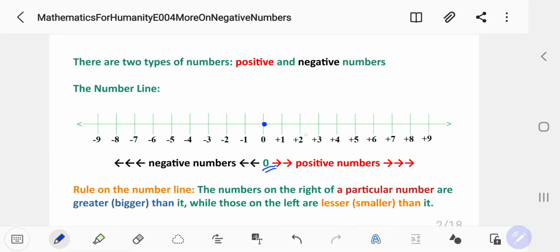Starting from 0, we can count 1, 2, 3, 4. The magnitude is increasing towards the right.